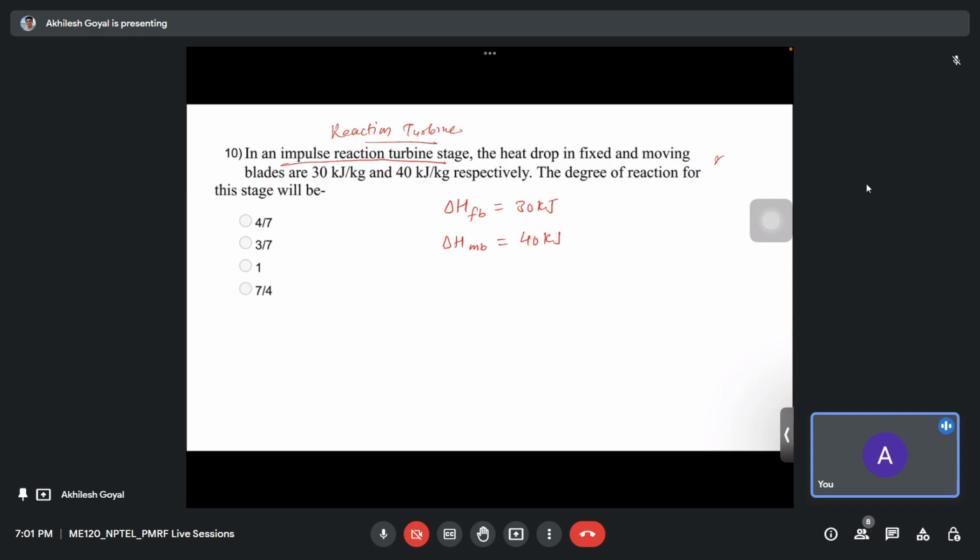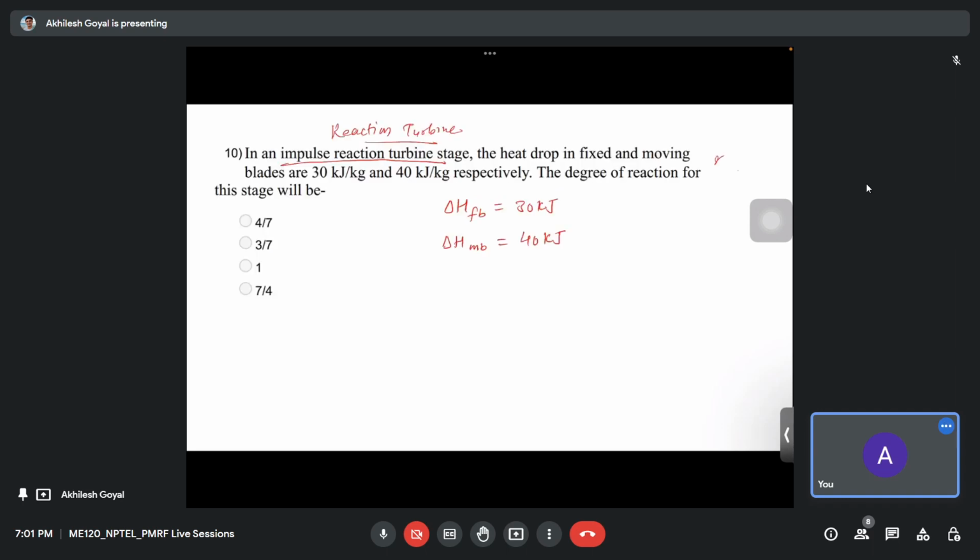These two heat drops are given and the degree of reaction is asked. The degree of reaction R is del H moving blades divided by del H fixed blade plus del H moving blades.